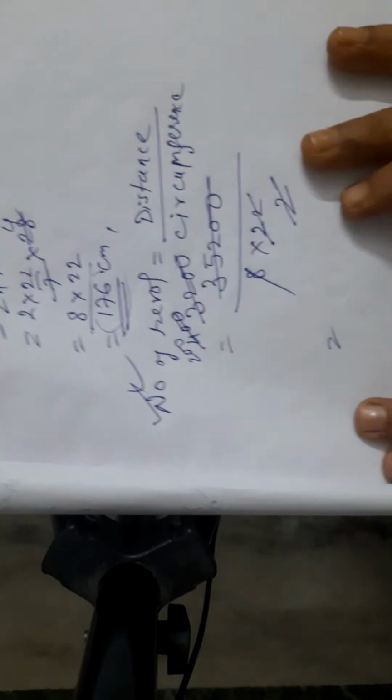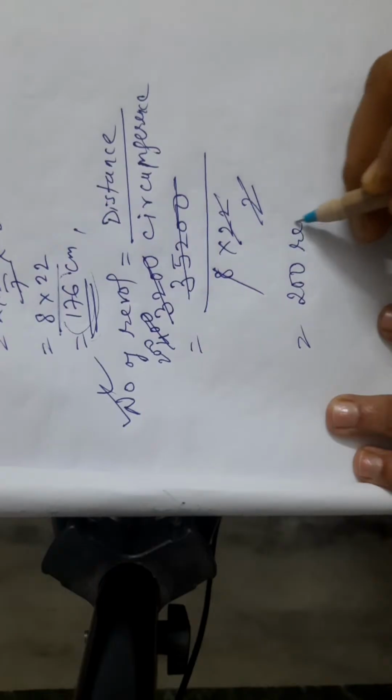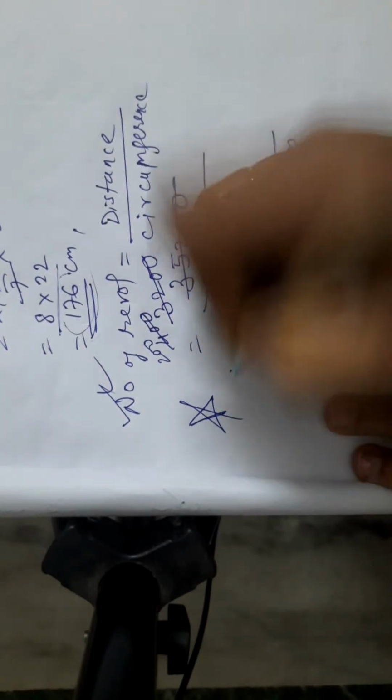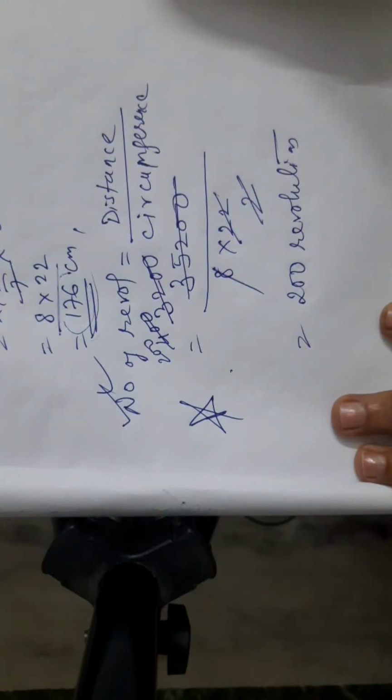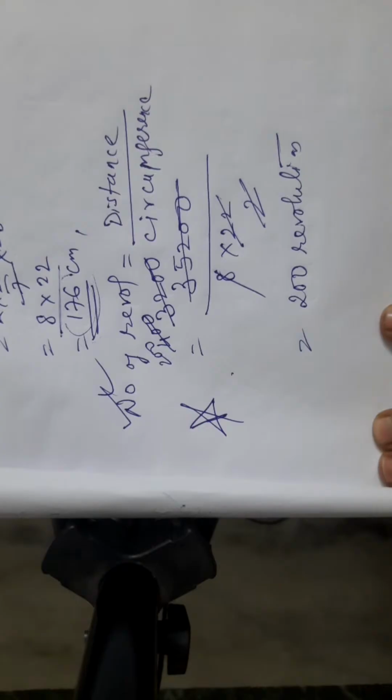To cover 352 meter, it needs to make 200 revolutions. So this question is most important of this exercise. How many revolutions will it make to cover a certain distance? For this kind of question, we need to divide distance by the circumference.